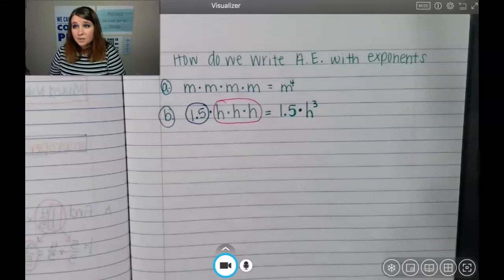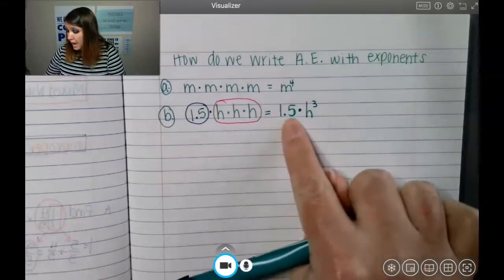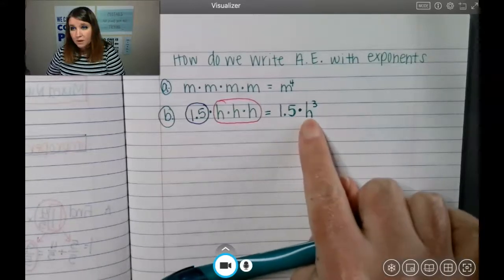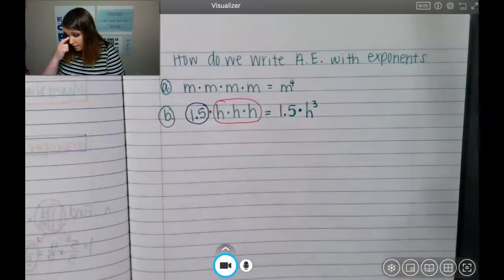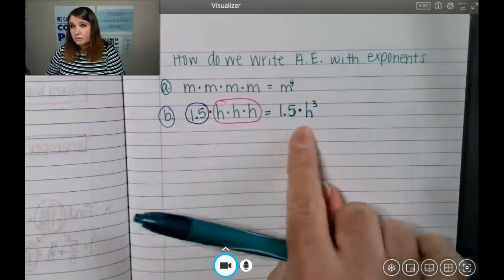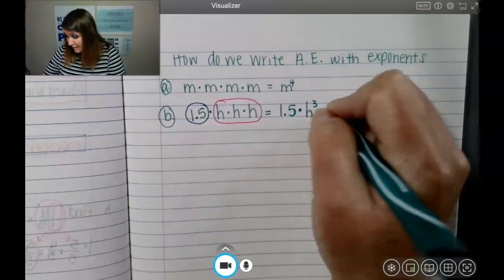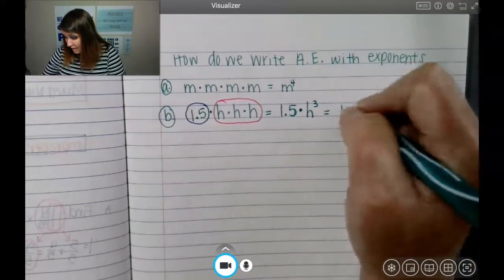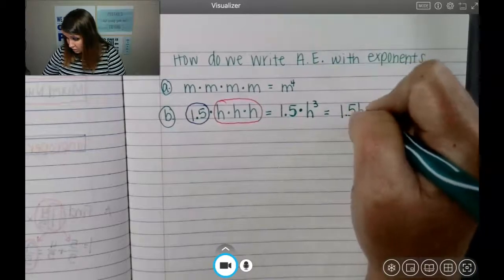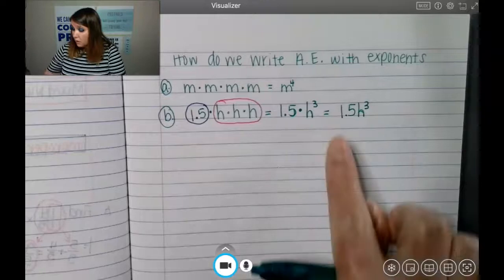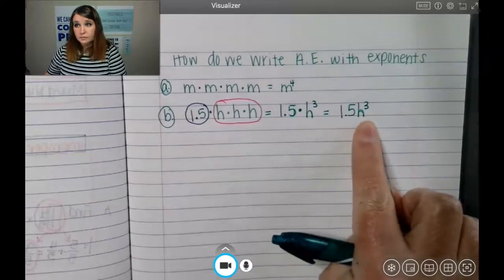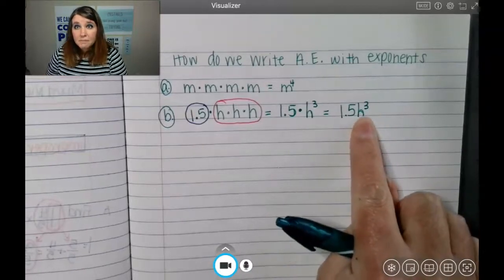So this is 1.5 times h to the power of 3. We have both sides of the expression listed right here. We could even write it like this, 1.5h to the power of 3, because when you have a number stuck to a letter, it means multiply.